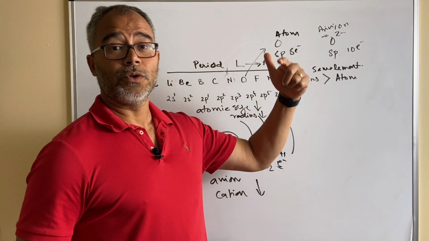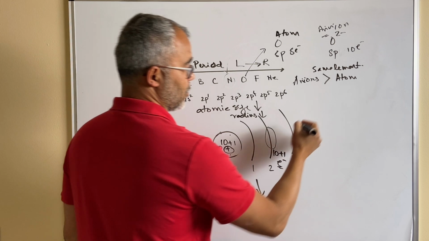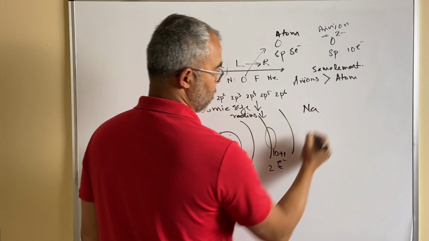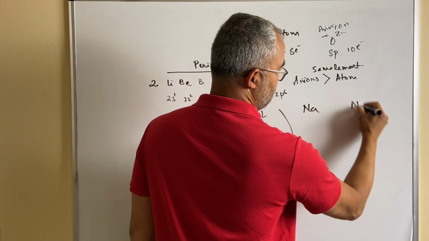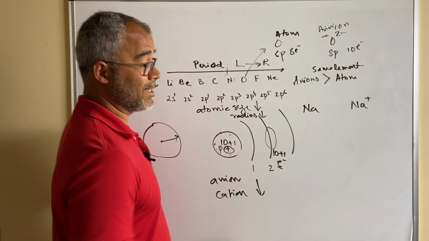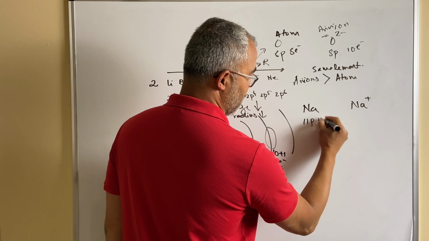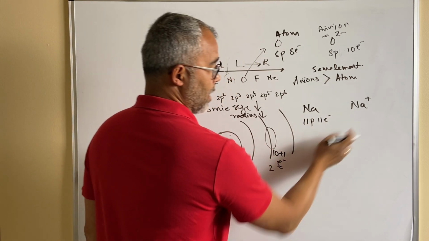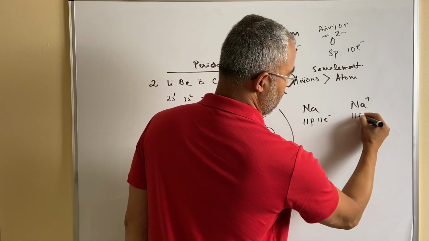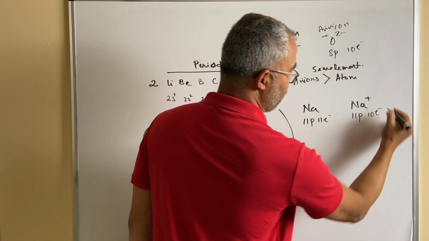If you take a look at cations, let's take for example sodium, that's the atom, versus the sodium ion, which is a cation. In the atom you have 11 protons and 11 electrons. In the ion you have 11 protons, but only 10 electrons.